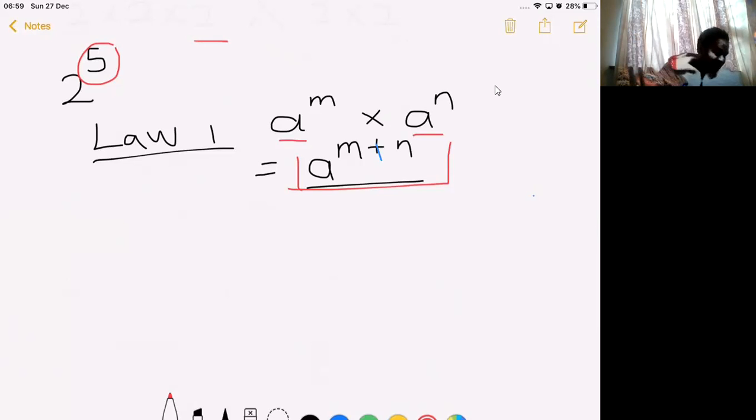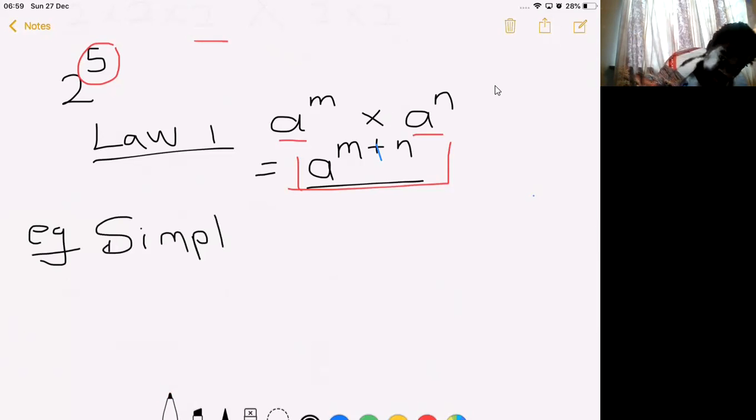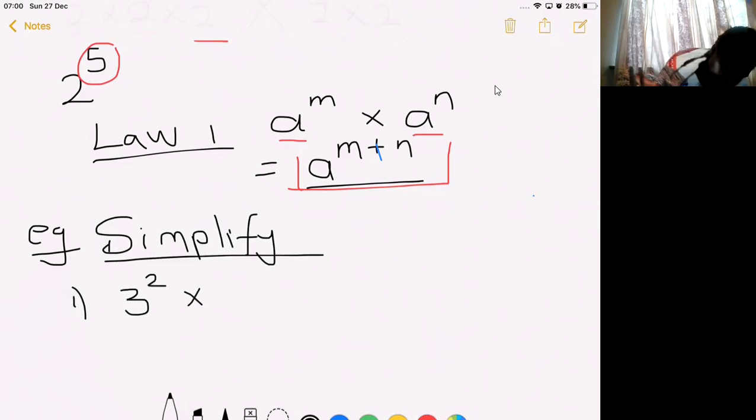Let's do examples. Number 1, simplify: 3 to the power of 2 multiplied by 3 to the power of 4.